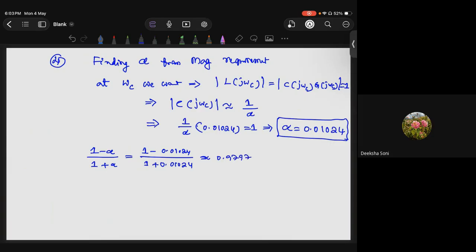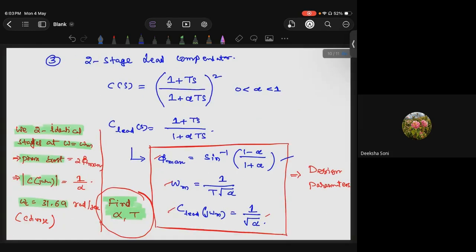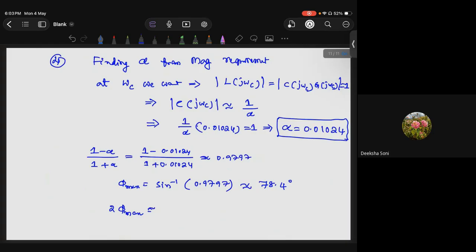Then phi max is sine inverse of 0.9797, which is almost 78.4 degrees. Then 2 phi max, because we have two identical stages, is 2 multiplied by 78.4 degrees, which is 156.8 degrees.